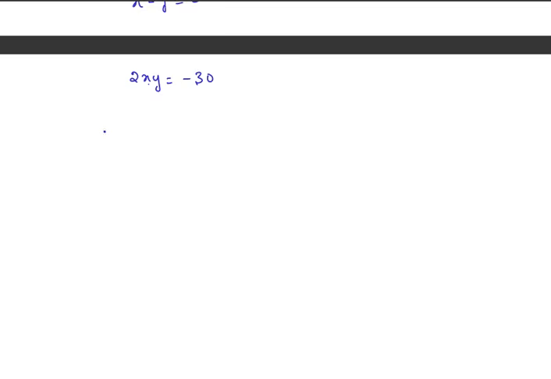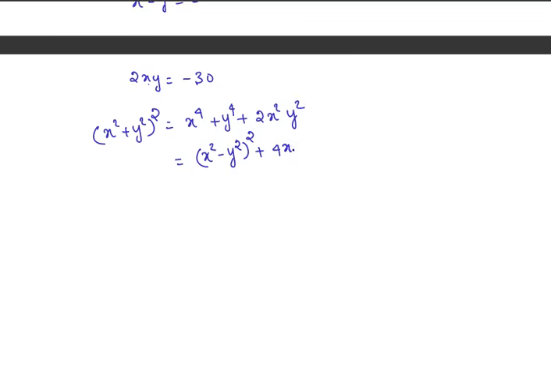Now x square plus y square the whole square, what will come? x power 4 plus y power 4 plus 2 times x square y square will come. So I can write it as x square minus y square the whole square plus 4 times x square y square, correct? Because this is x power 4 plus y power 4 minus 2 x square y square.